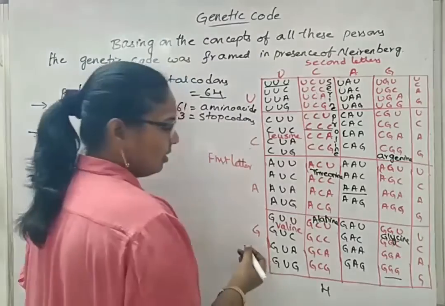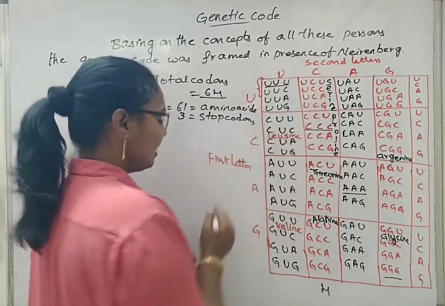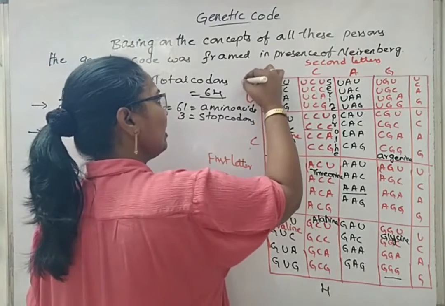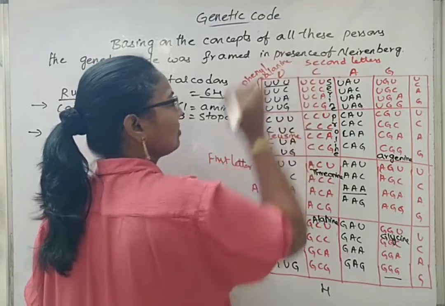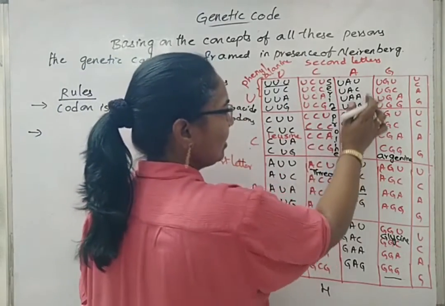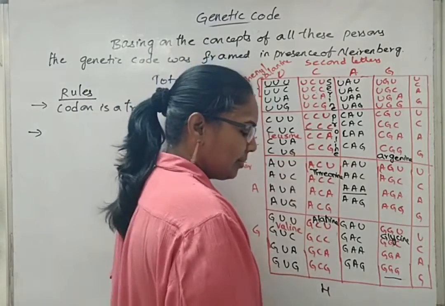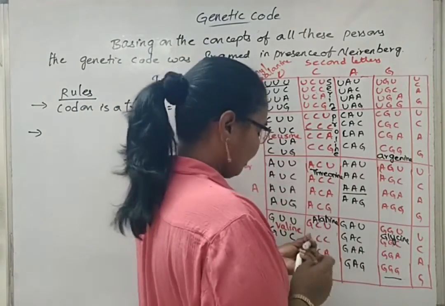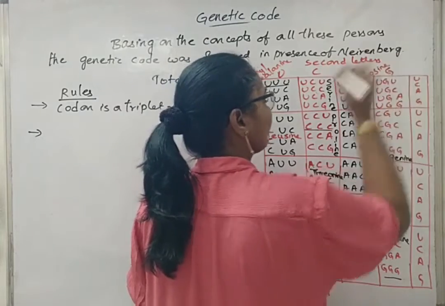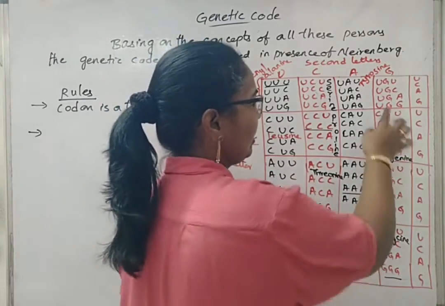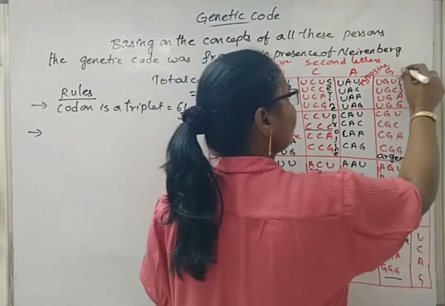Okay. If you see this first one, here it is coded for phenylalanine. Next, in the third row, it codes for tyrosine. Next, here the first three are coding for cysteine.